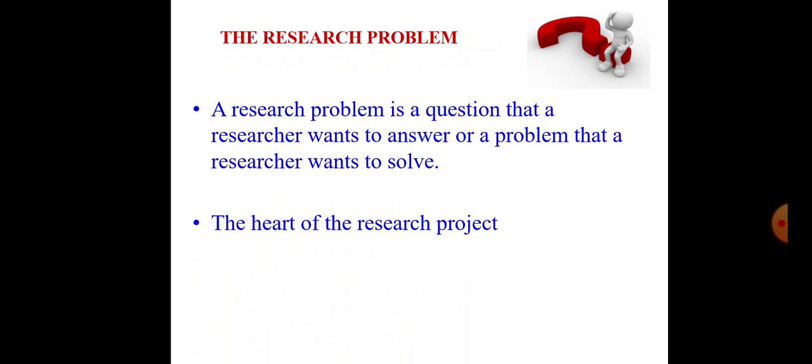The problem of research is a question that a biological researcher wants to solve. The researcher used to say it is the heart of the project, and the main thing is we should state the problem with unwavering clarity and precision.